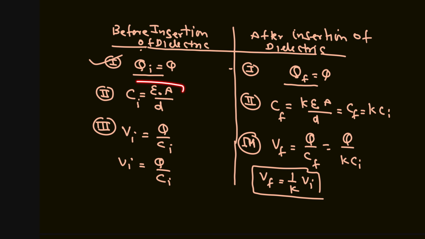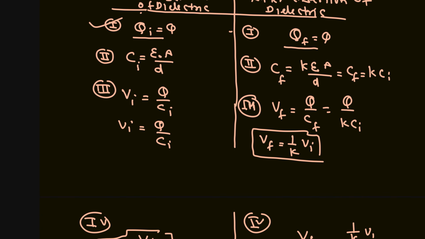Before the dielectric this, now after insertion of dielectric, this becomes K times the initial. K is the dielectric constant. Then potential: by the basic formula Q equals V into C, so Vi we can write as Q by Ci. This is the initial potential, Q by Ci.